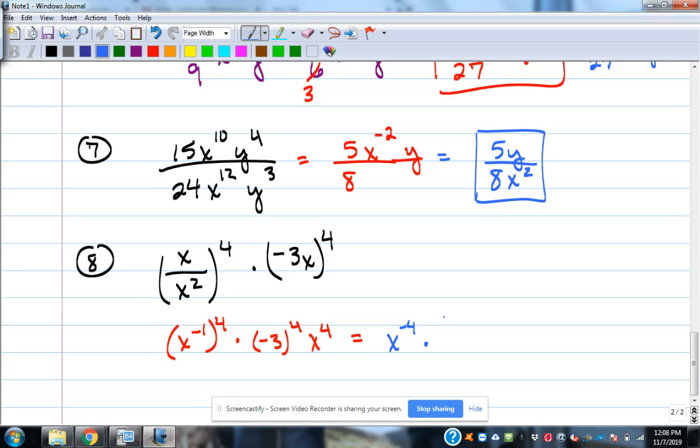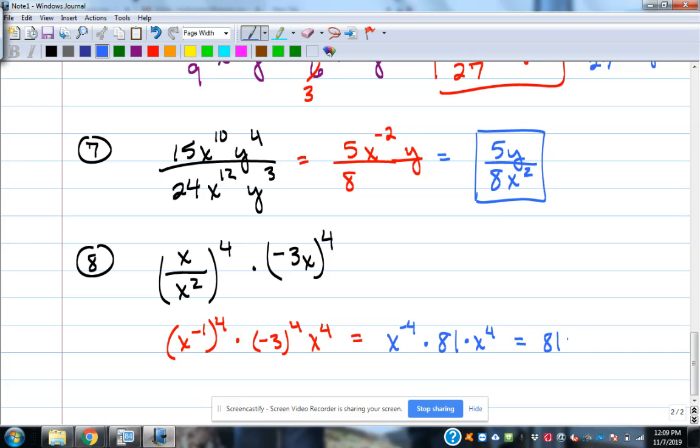What's -3 to the 4th power? Positive or negative? Positive. And x to the 4th. What happens to my x's? What's the real exponent that's on there? That canceling out is really what happens, but it's 0, and anything to the 0 power is always not 0.